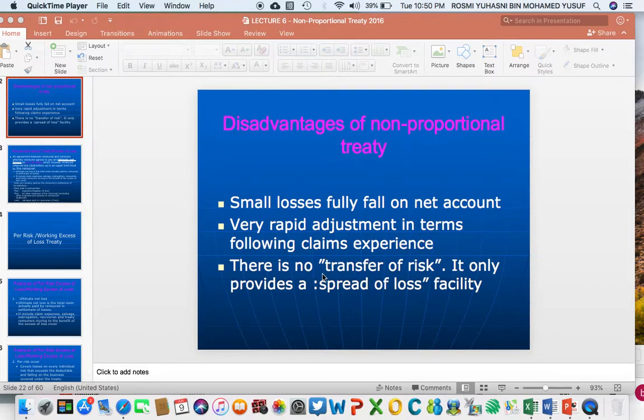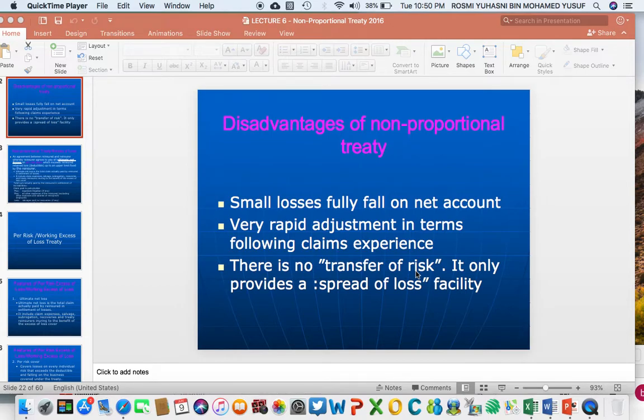Number three, no transfer of risk. Non-proportional only provides a spread of loss facility. What does that mean? We know that non-proportional only concerns sharing of claims. There is no sharing of original risk, meaning that there is no transfer of risk between the insurer and the reinsurer.